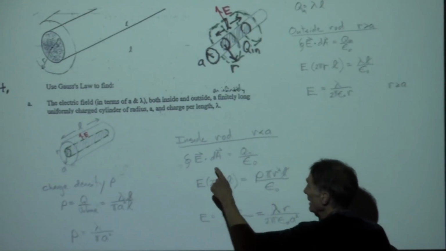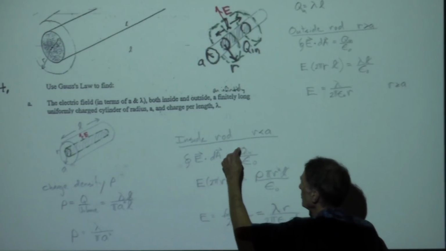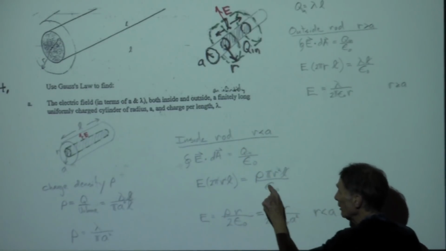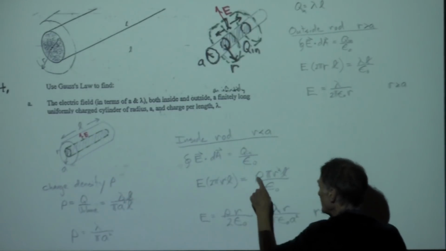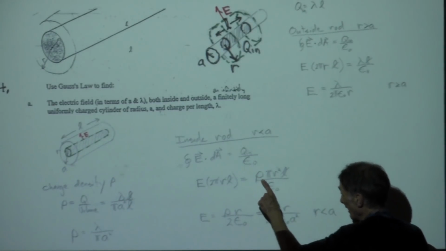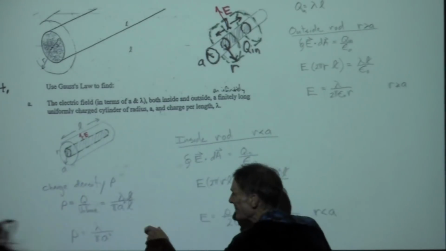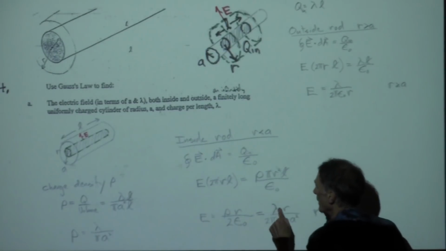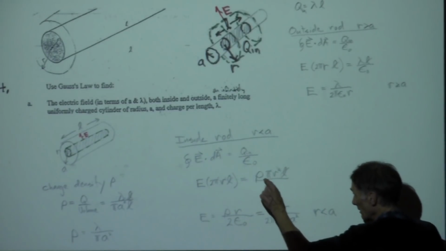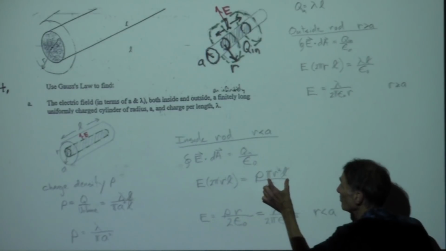When I go inside, E dot A is going to be the Q that's enclosed. The Q enclosed, this is just this shaded region here. That's going to be the density. I don't want to use lambda, so I had to take that lambda and figure out what the density was due to lambda. So I use that density times the volume of that inner region.